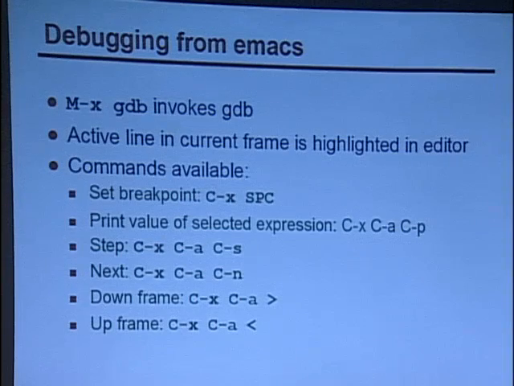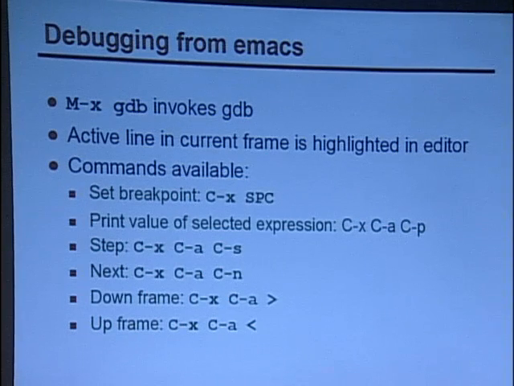Anytime you're debugging within Emacs, if Emacs has your source code files open, it will show you the current point of execution by drawing a little arrow next to the particular line in the buffer. You also get a bunch of keyboard shortcuts that you can use to do some common operations.